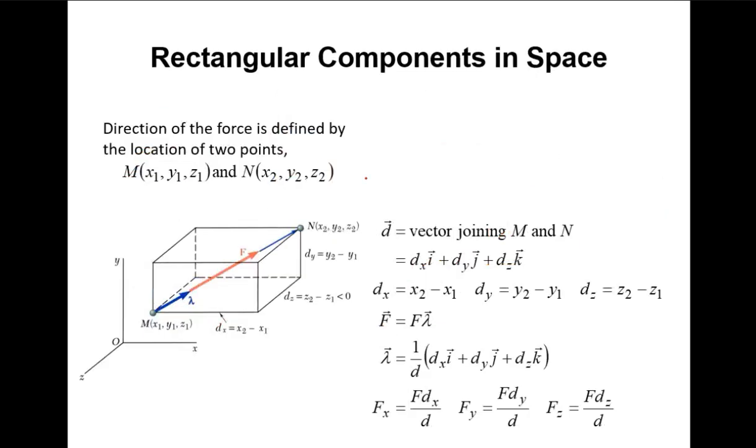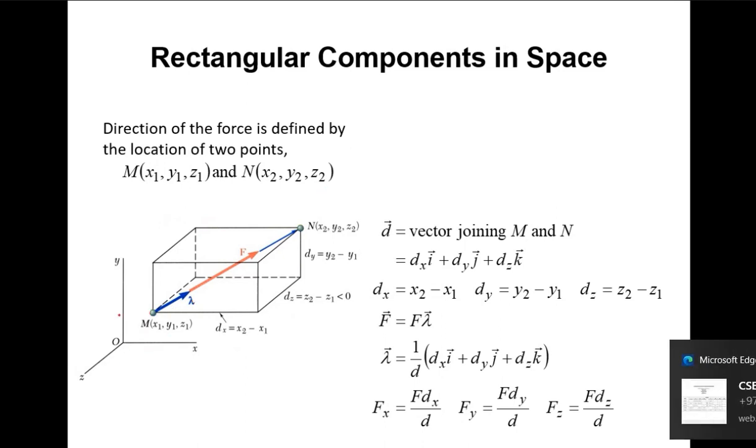Now the direction of the force is defined by the location of 2 points, right? This I have already discussed with you in some of the previous classes. Suppose in space, this is my x, y and z axis.